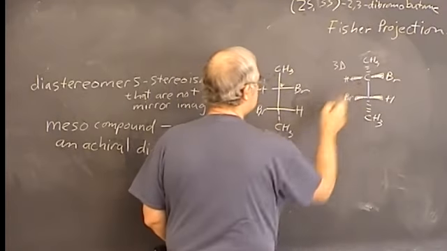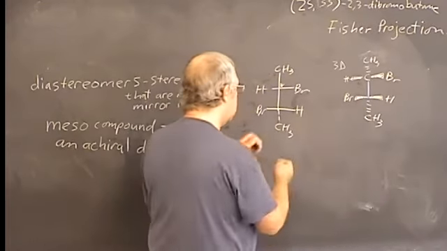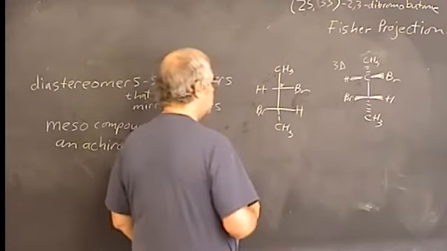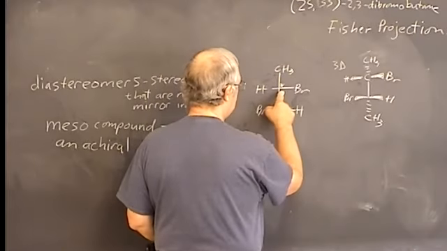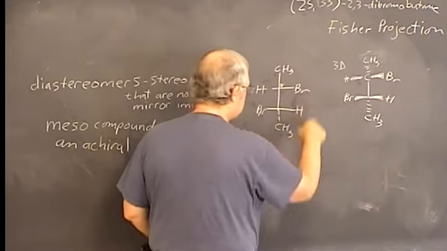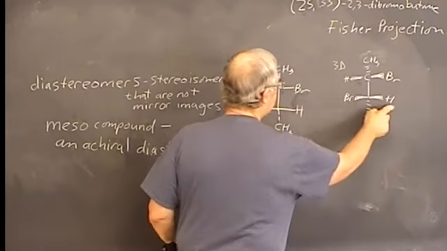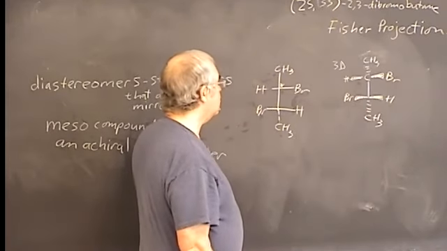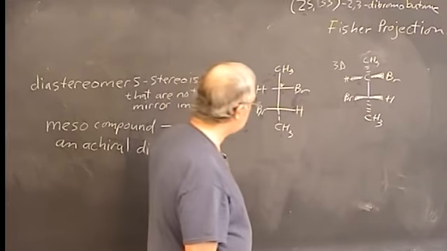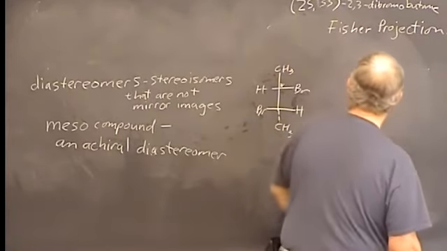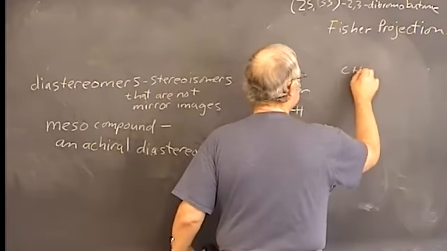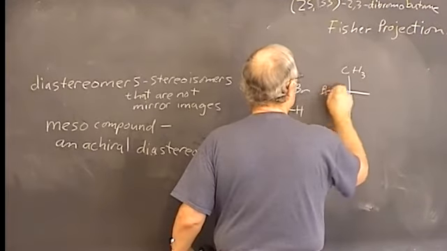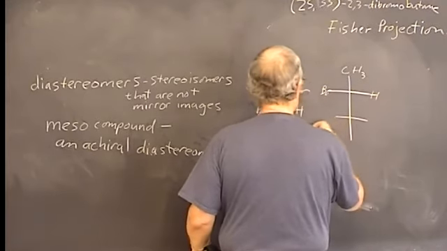But hydrogen, you can see, is actually forward, and so this is backwards. And so this is actually S. Okay, same way here, bromine is 1, bromoethyl is 2, methyl is 3. That looks clockwise, but we're looking at it from the wrong direction. And so carbon number 3 is actually S. Okay, to make the mirror image for the enantiomer, we would switch both of these.